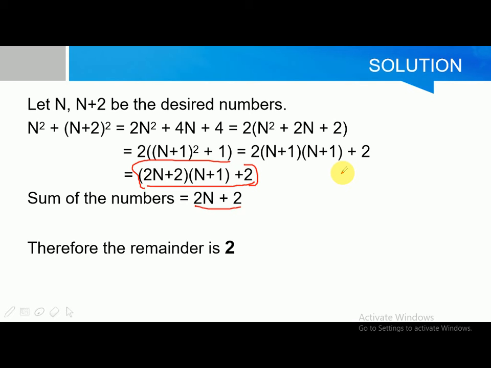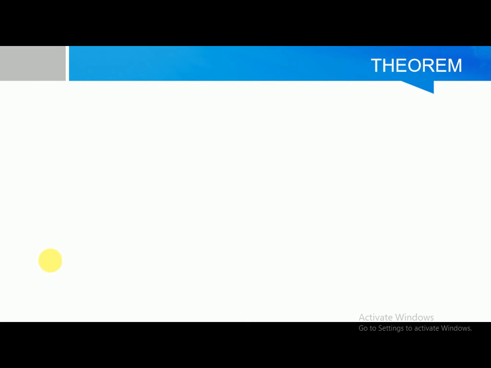So if you divide 2n plus 2 whole into n plus 1 by 2n plus 2, the remainder will be 0, but when you divide it by 2, the remainder will be 2. So the overall remainder left would be 2. Okay, so I think that's very clear.